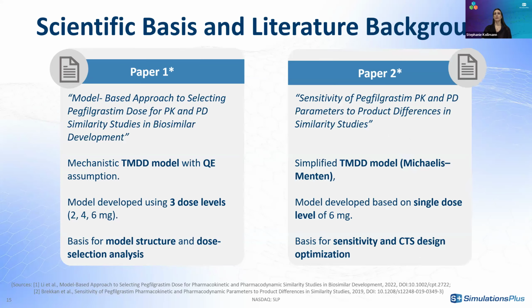The second paper used a simplified TMDD model on a single dose level of 6 milligram, incorporating Michaelis-Menten kinetics.